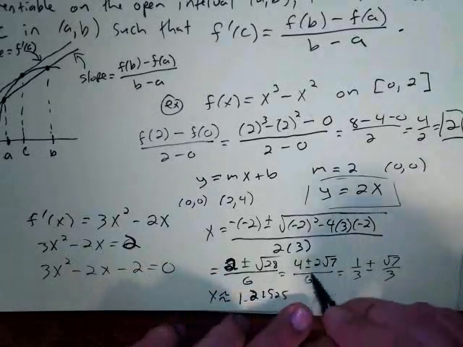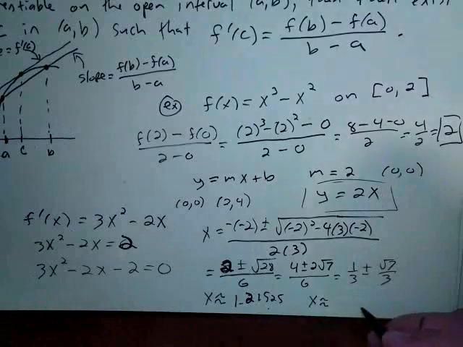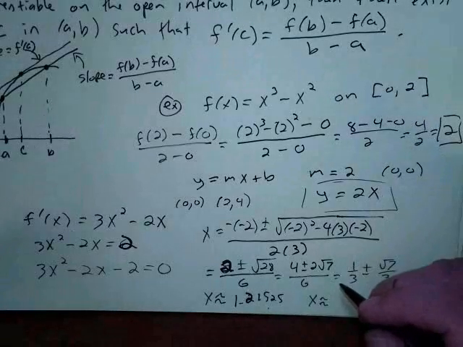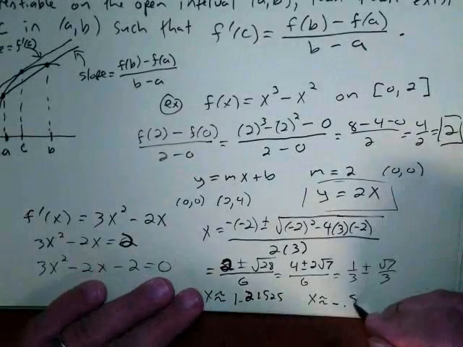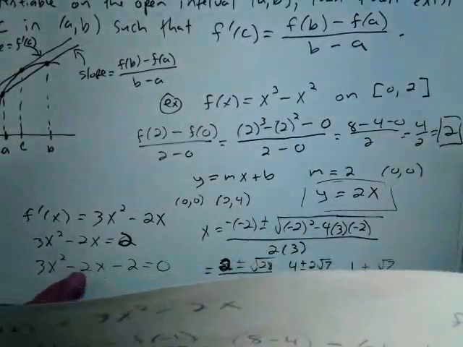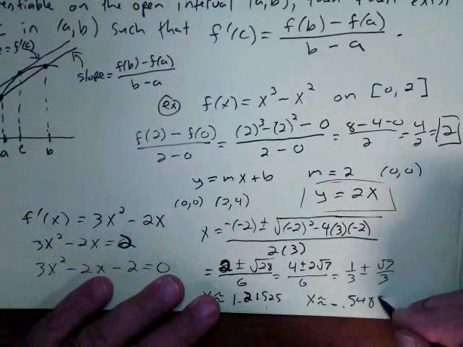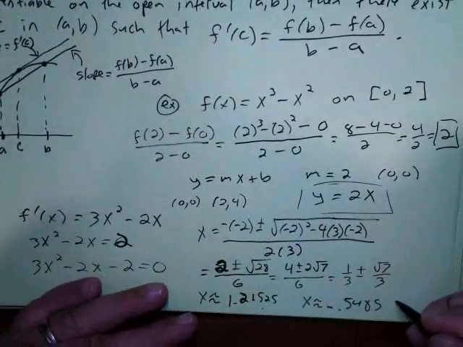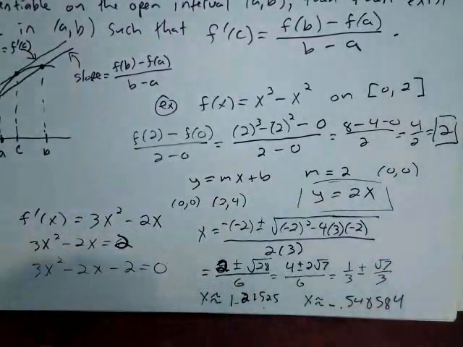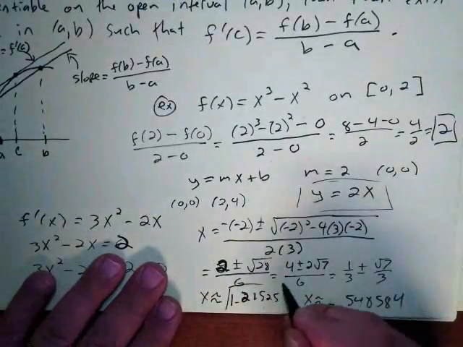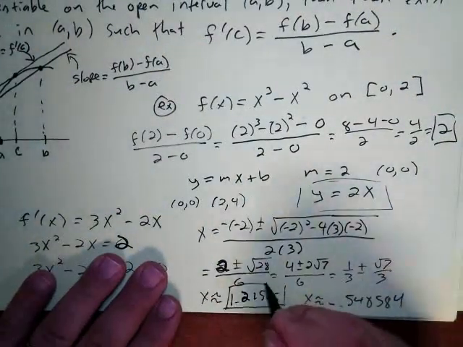But when you use the minus, it's like negative 0.548584. So this is the c value that satisfies the theorem.